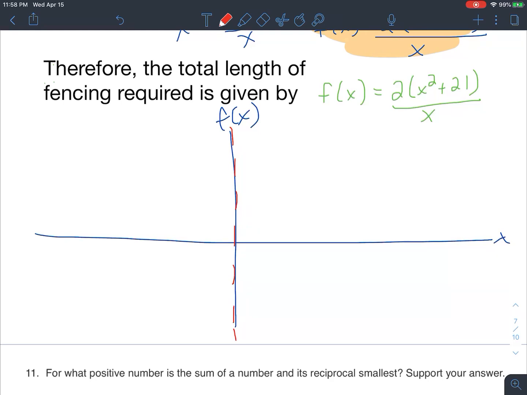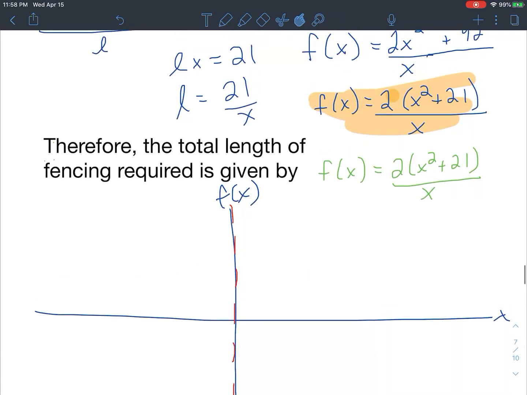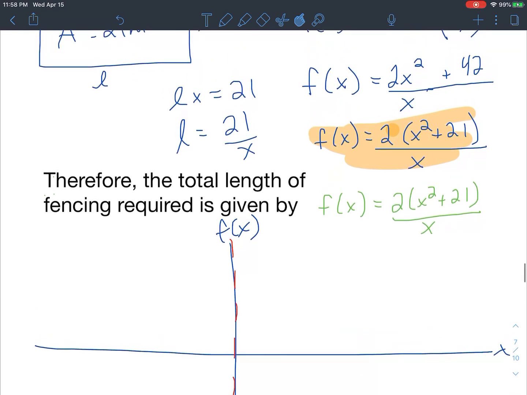It's like a second degree polynomial on top and a first degree polynomial on the bottom. So I'm going to use the standard form to do my little division here. 2x squared plus 42 divided by x is, let's do this right.